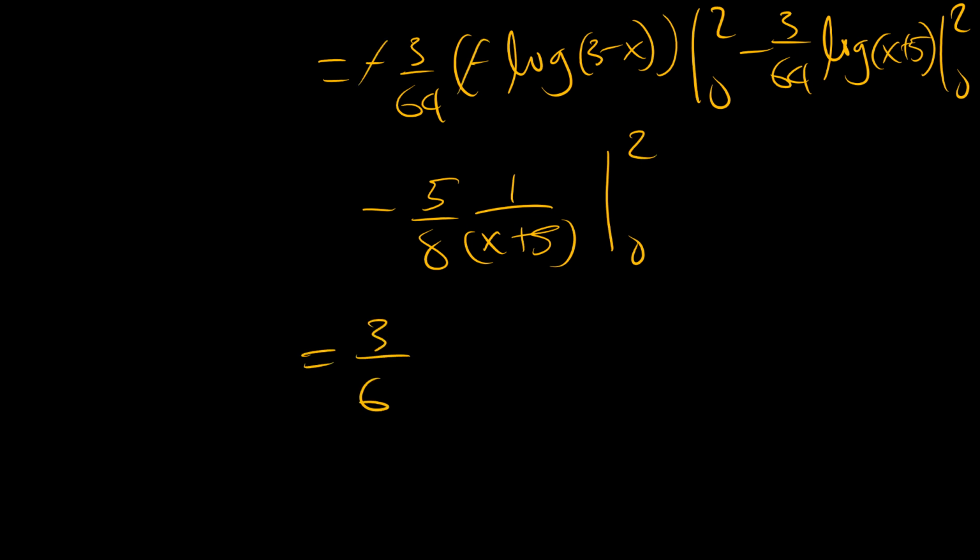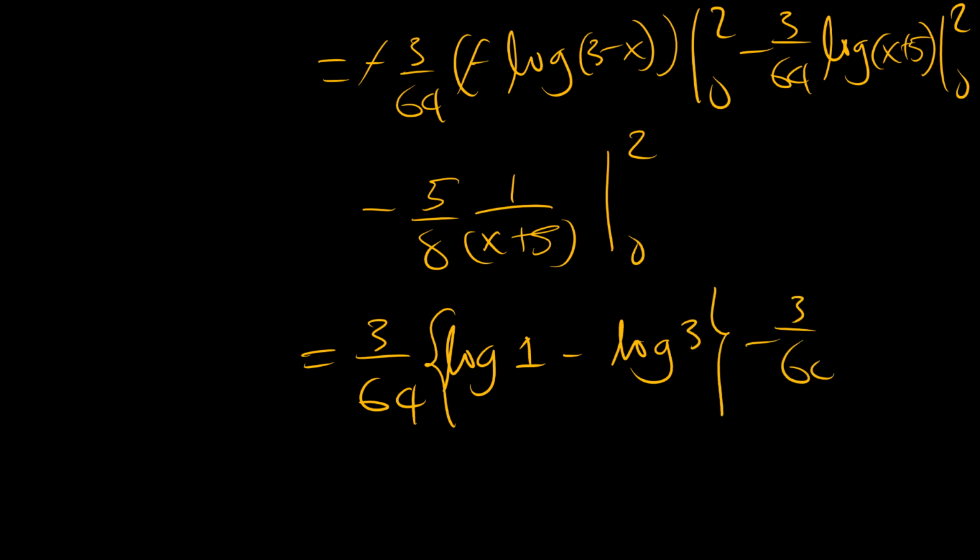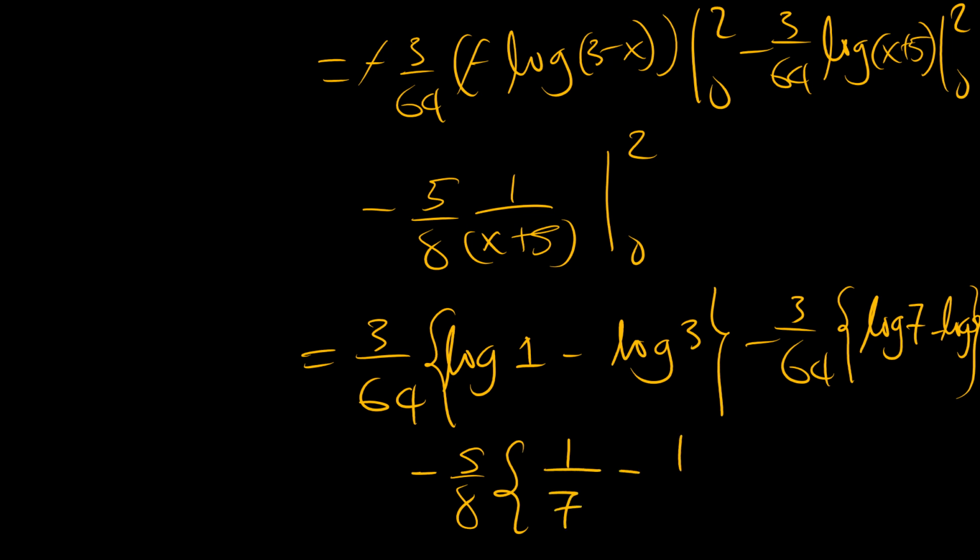So we have 3 over 64 times log of 1 minus log of 3 minus 0, which is 3, minus 3 over 64 times log of 7 minus log of 5, and then minus 5 over 8 times 1 over 7 minus 1 over 5. Okay, so what we can do is this tends to 0, right? And then we can bunch things together because this is common. This minus and this minus interact, so it becomes a positive for this.